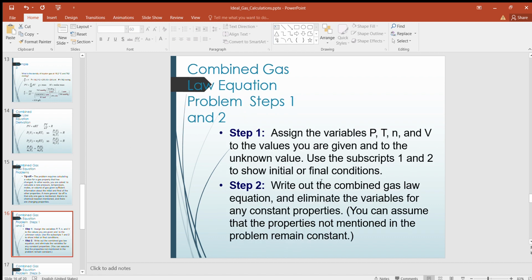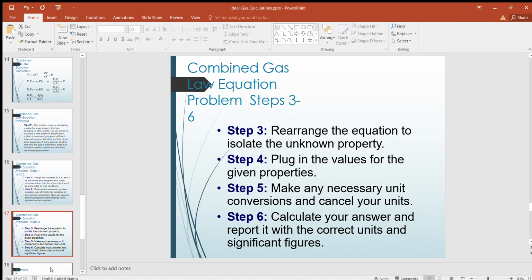Then write out the combined gas law equation and eliminate the variables for any constant properties. In step 3, we rearrange the equation to isolate the unknown, plug in the values, make any necessary unit conversions, calculate your answer and report it with the correct units and significant figures.